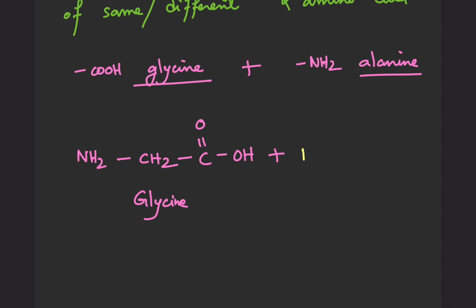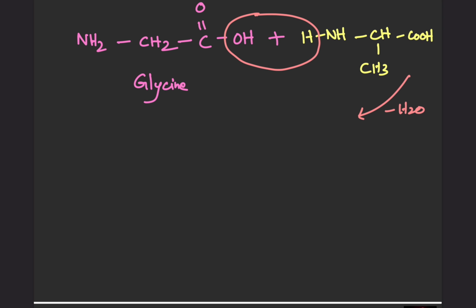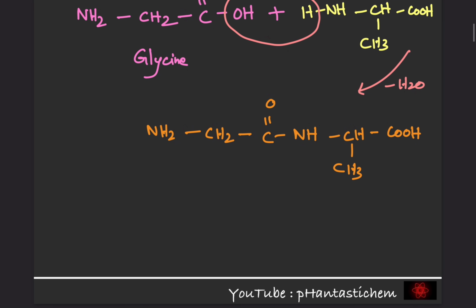Alanine is, so I will separate one H from NH2, CH, CH3, and COOH. Okay, so you can see OH and H from here goes out. So we lose a molecule of water and we get our product, which is NH2, CH2, C double bond O, NH, CH, CH3, COOH. Okay, so this is our peptide bond. This CONH is our peptide bond.